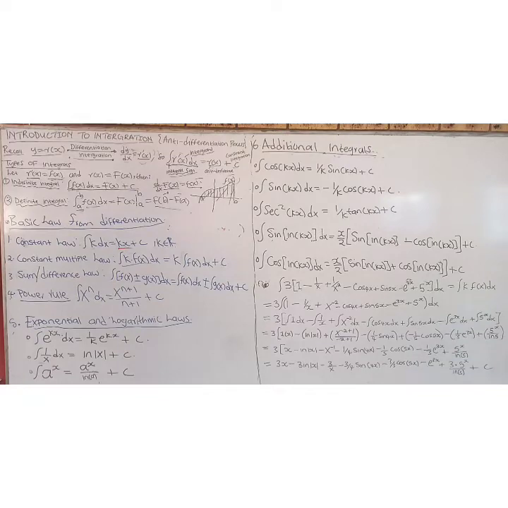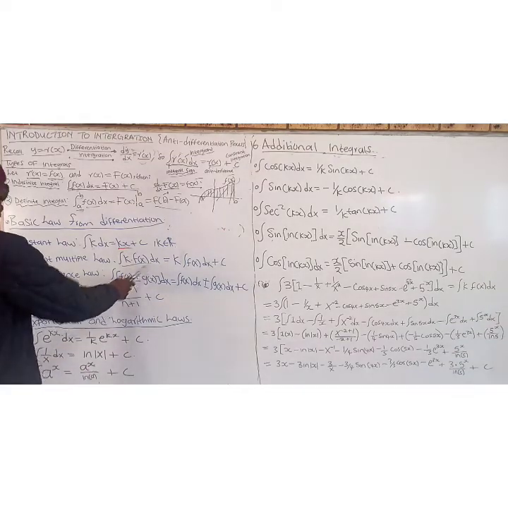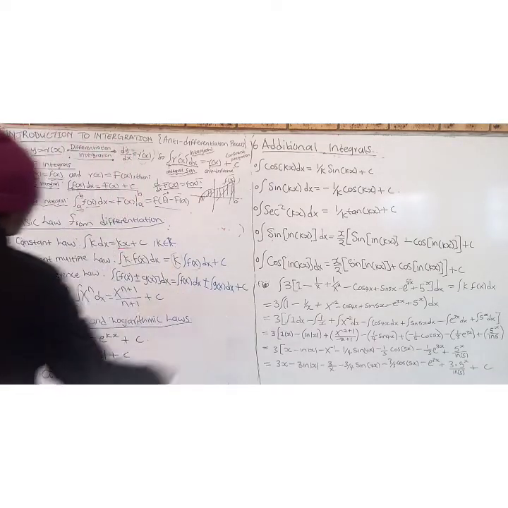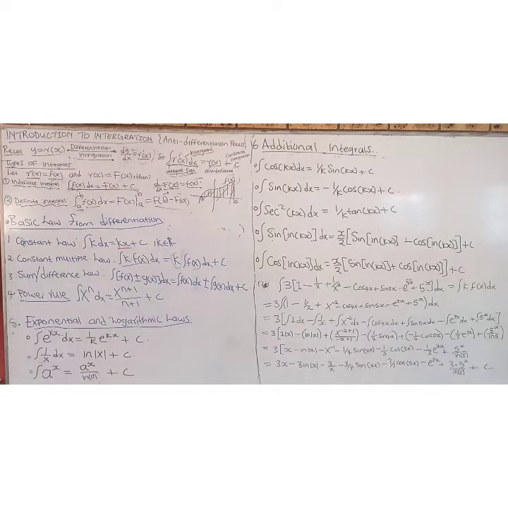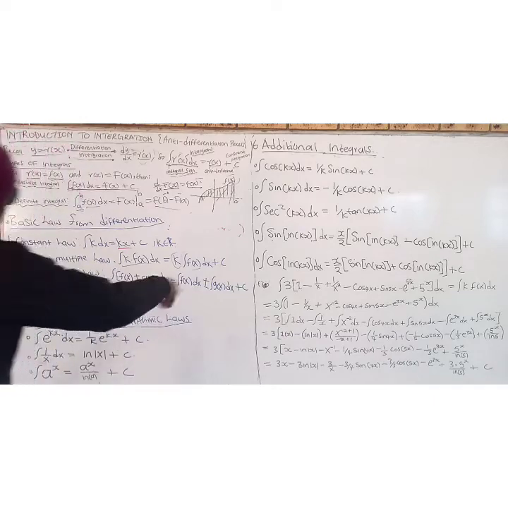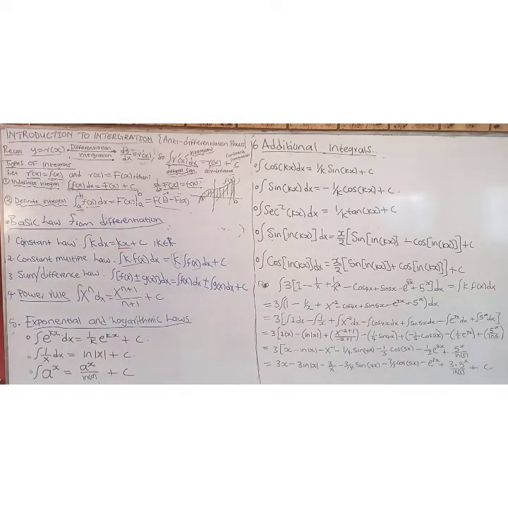For the constant multiple law, whenever we integrate a constant times a function, we can always take the constant out and integrate the function. The sum and difference law indicates that we can split our integral through addition and subtraction.